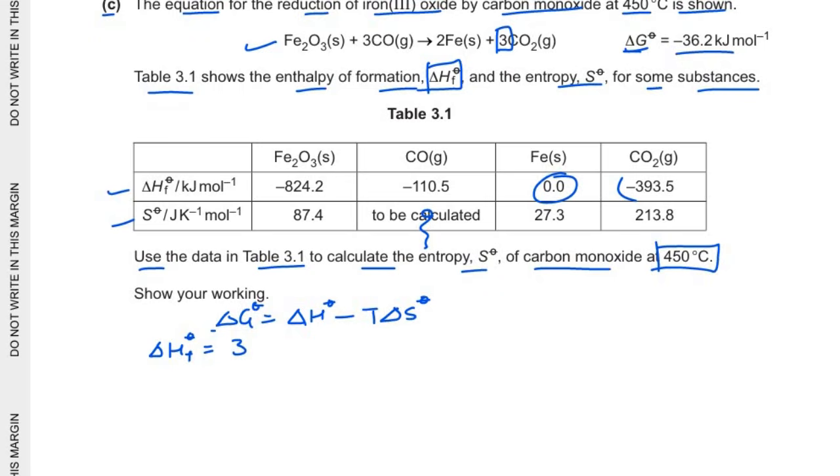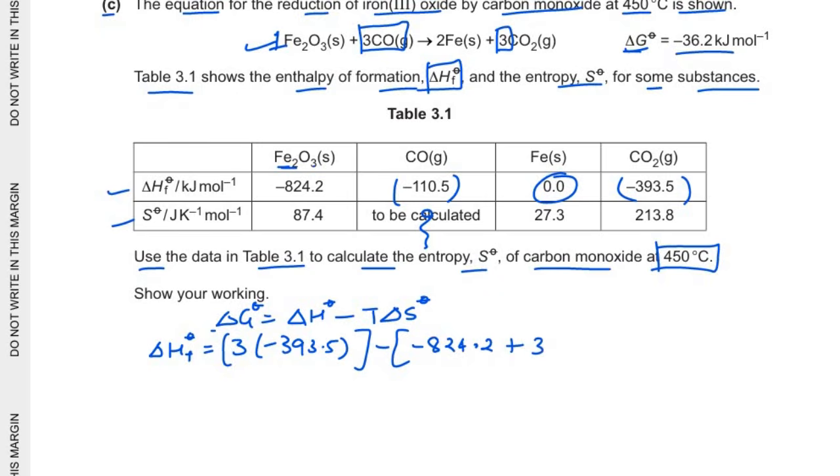So 3 into minus 393.5, that is the product value, minus the reactant values. So here Fe2O3 is 1 only, so minus 824.2, plus the another reactant, that is 3 carbon monoxide, so multiply the value by 3, so plus 3 into minus 110.5.